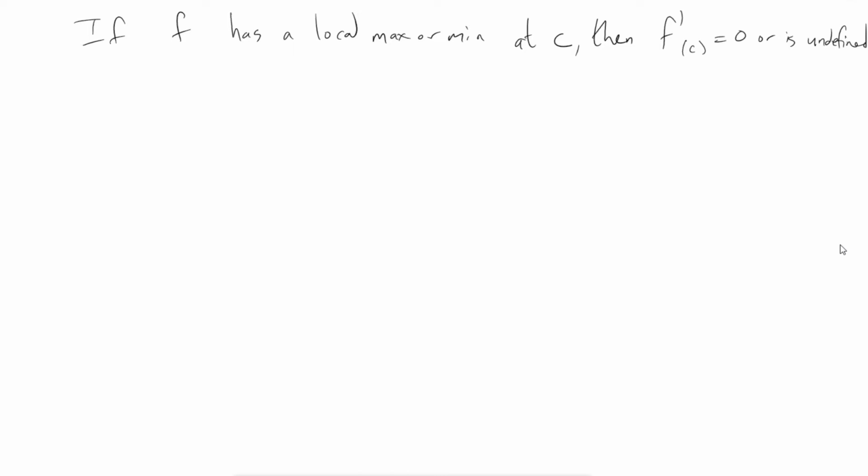Now, it doesn't mean that every time your derivative is equal to 0 you're going to have a maximum or minimum value, but it means that it's possible to have a maximum or minimum value only at points where the derivative of the function is equal to 0 or undefined.